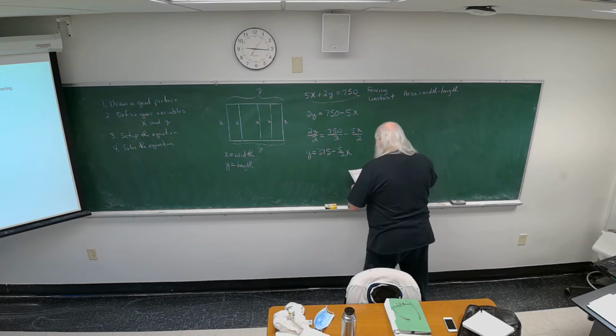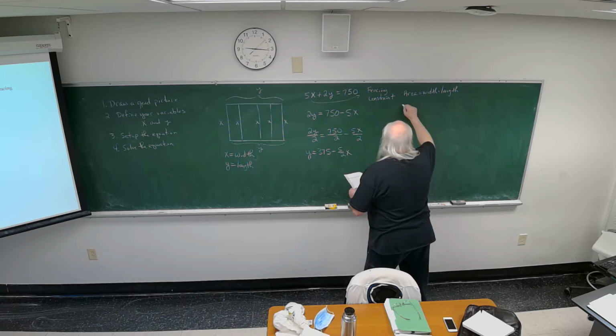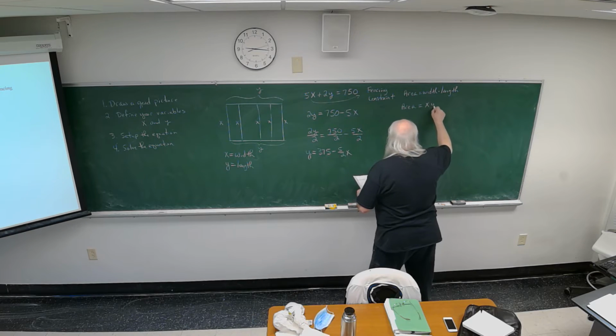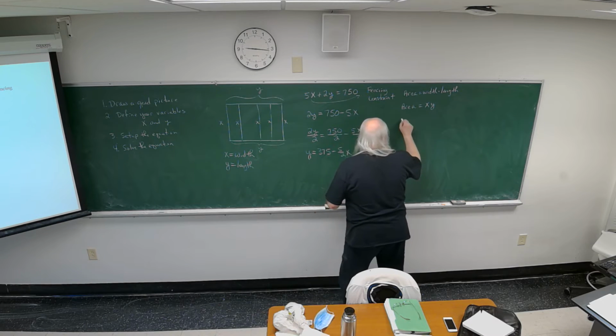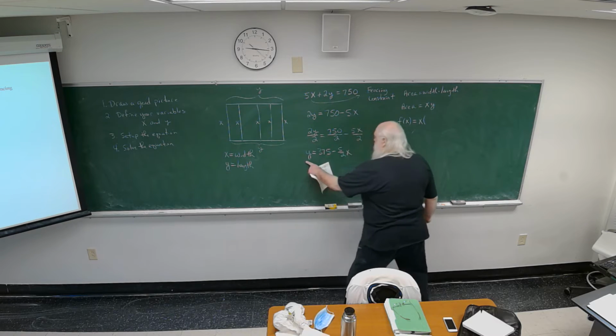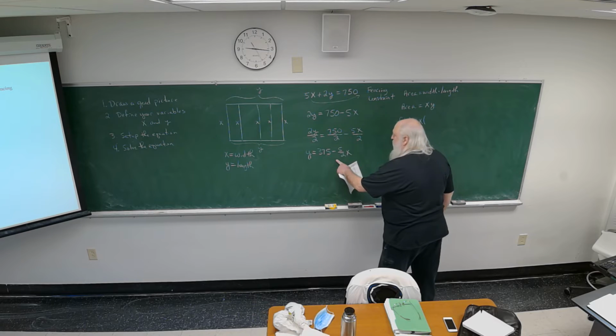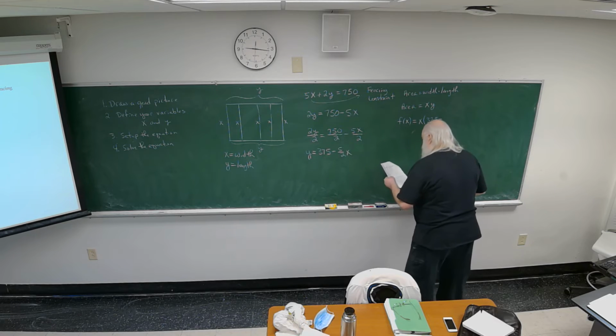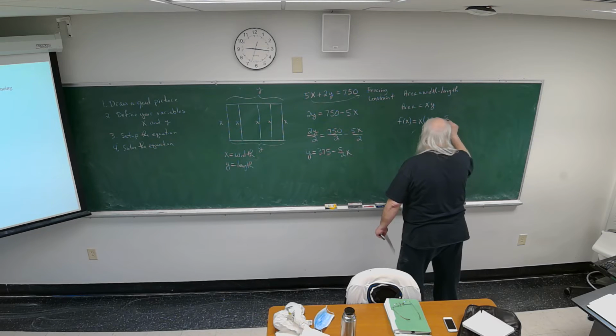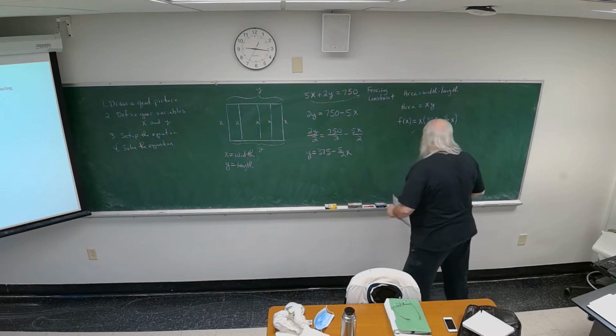So area is equal to x times y. X is the width, y is the length. And so we can write the area as a function of x when we replace y with what it's constrained to be. It's constrained to equal 375 minus 5 halves x.